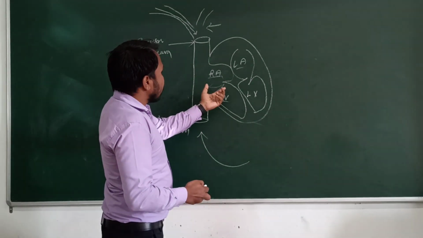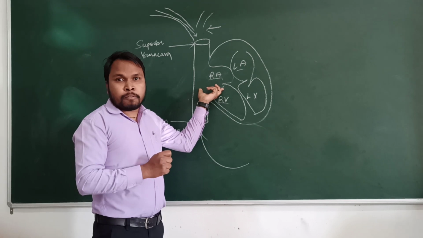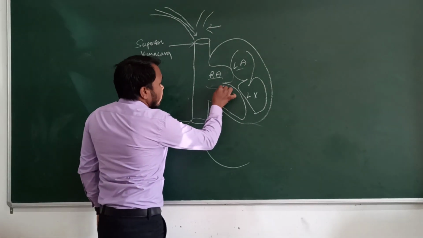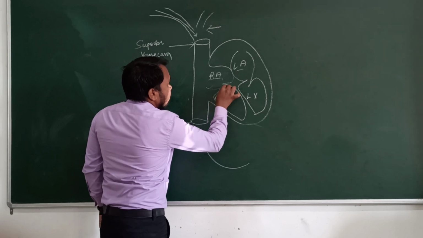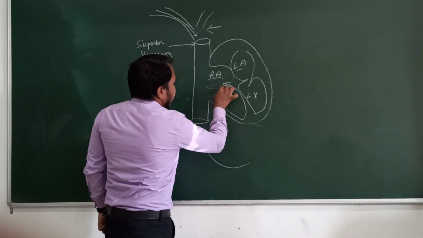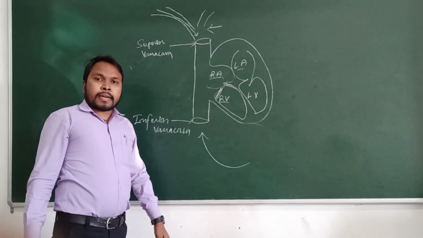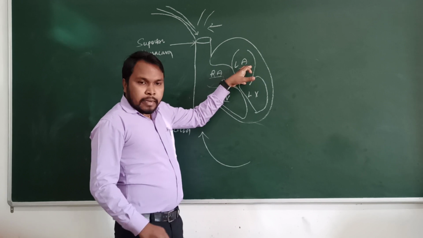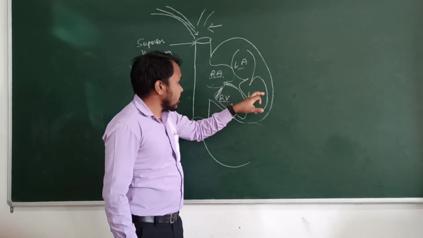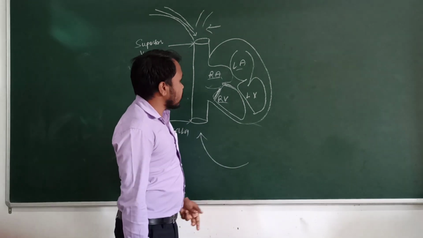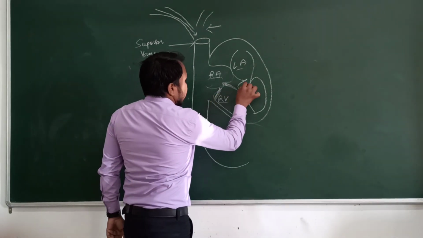Now, this is also known as tricuspid valve. So why is it called tricuspid? Because here three muscles are attached to this valve, and that's why this is tricuspid valve. Now on the left side, between auricle and ventricle, here is a special valve. This is bicuspid valve. Why is it called bicuspid valve?